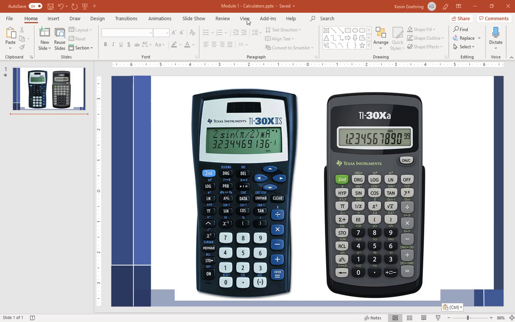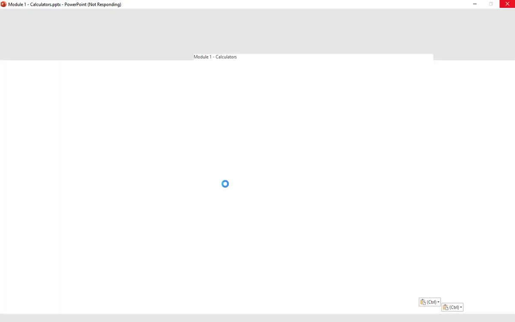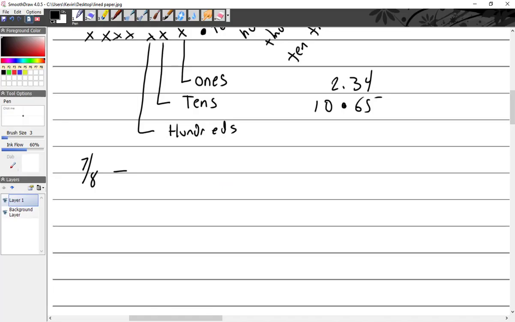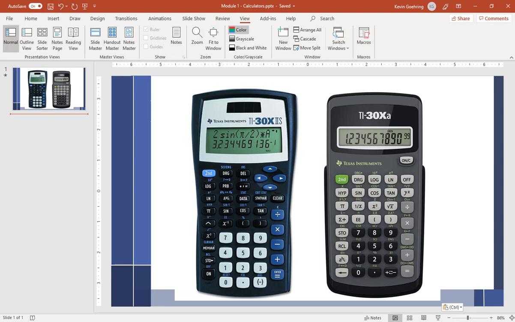So 7 ABC 8, which is going to give me a fraction. Hit the second function, and the F to D button, fraction to decimal. There's your F to D button right there.